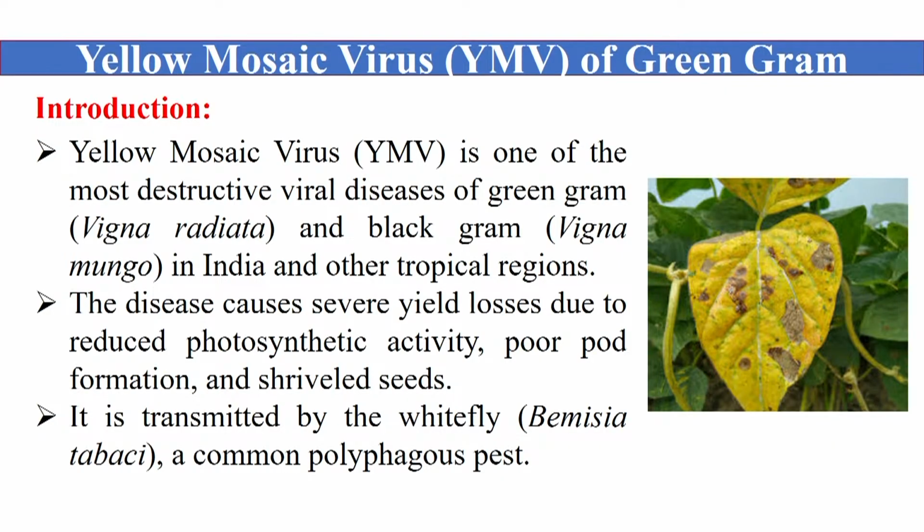The disease causes severe yield loss due to reduced photosynthetic activity, poor pod formation and shriveled seed. It is transmitted by the whitefly, Bemisia tabaci. As for distribution, it occurs in India, Pakistan, Bangladesh, Sri Lanka, Thailand and other parts of Southeast Asia.